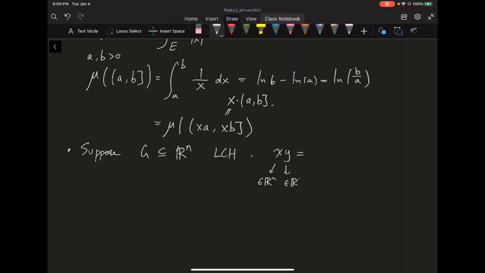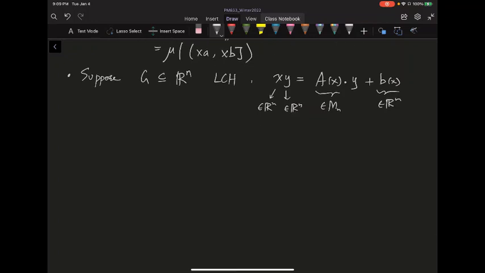When you multiply, you can find some a(x) times y, where a(x) is something inside Mn, and then you may add some b(x) that's inside Rn. So that returns some kind of product. If your product is defined in this way, then you can do a Harmonic measure.